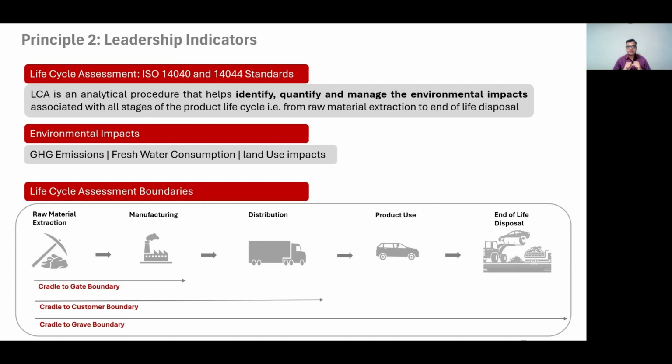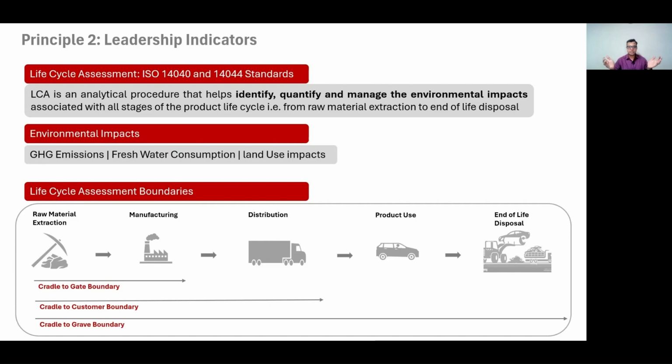The life cycle assessment can be done for three boundaries. As we had discussed, the entire life of the product starts from raw material extraction and goes up to end of life. So if a company does the environmental impact study, that is, identifies, quantifies, and manages the environmental impact from the raw material extraction up to its factory gate, that means the factory out gate, before the goods are dispatched to the distributors or final customers, that is called cradle to gate boundary.